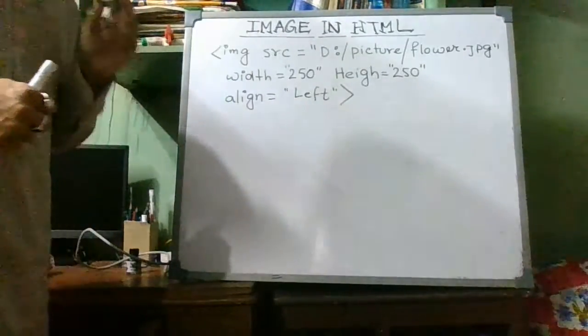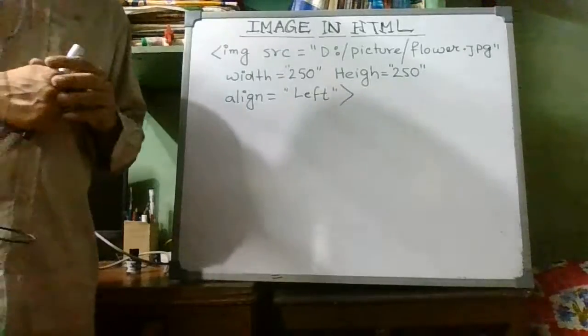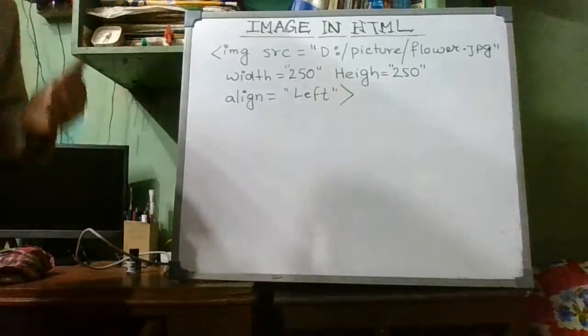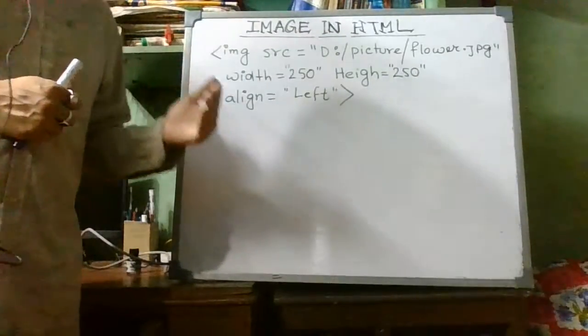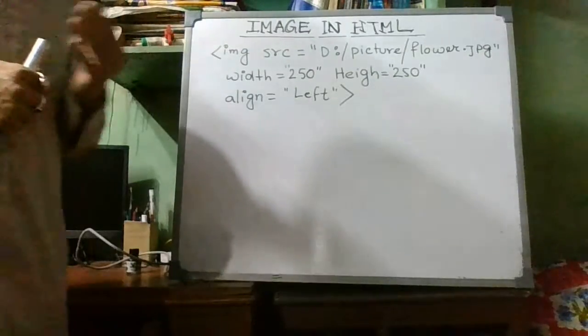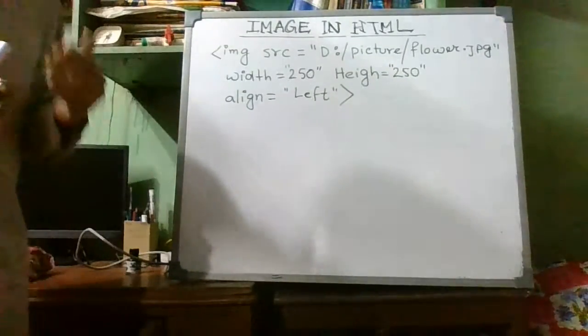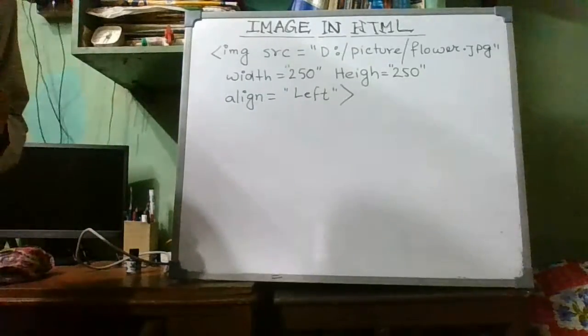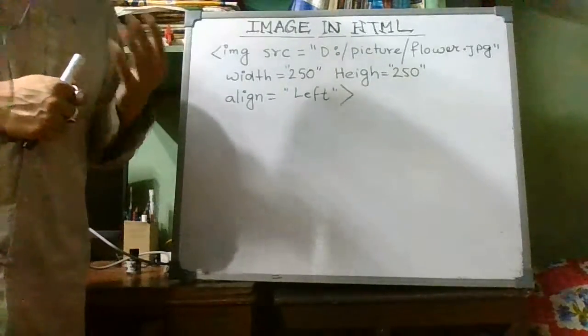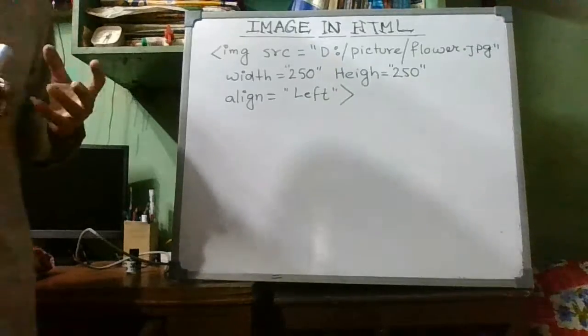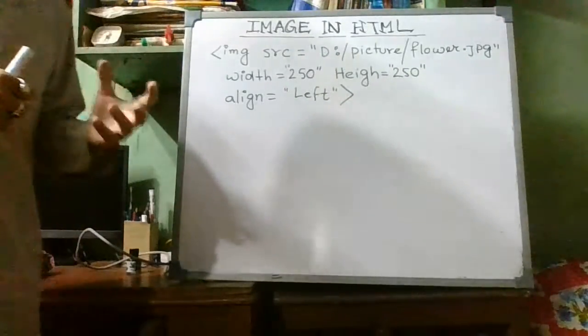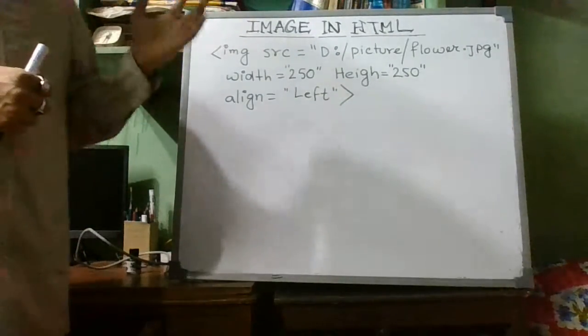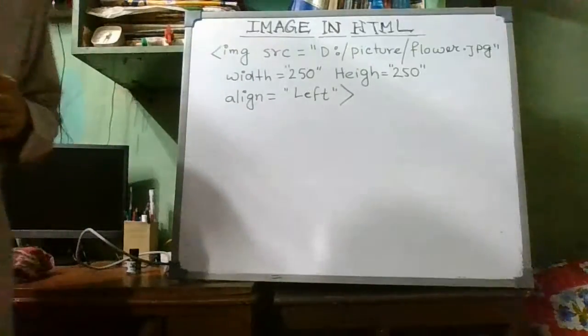An image is an object which can be organized and arranged in one web page. Literally, when we see a web page on any website, we see that the web page is enriched with multiple images. Sometimes images appear on the left hand side, right hand side, or middle of the web page.